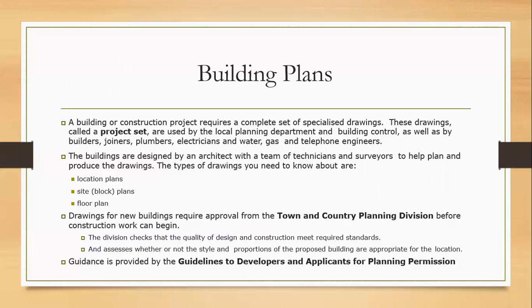Additionally, Town and Country Planning will make an assessment as to whether or not the style and proportions of the designed building are appropriate for the location. Because remember, Town and Country Planning would also be, for example, responsible for developing zoning policies.